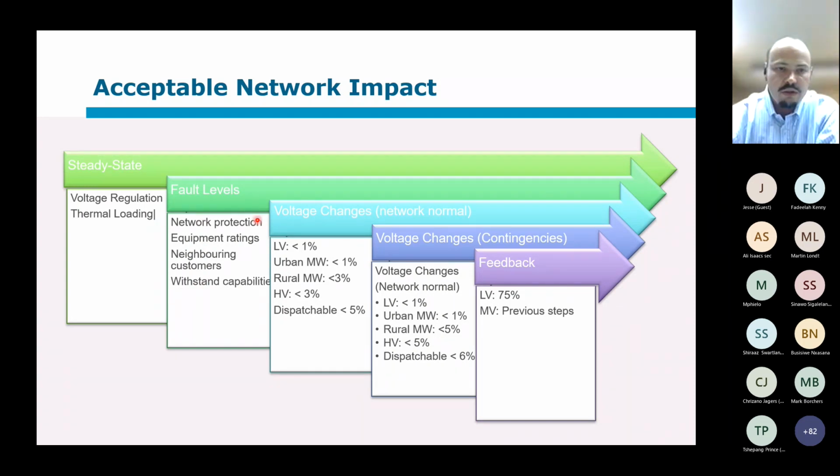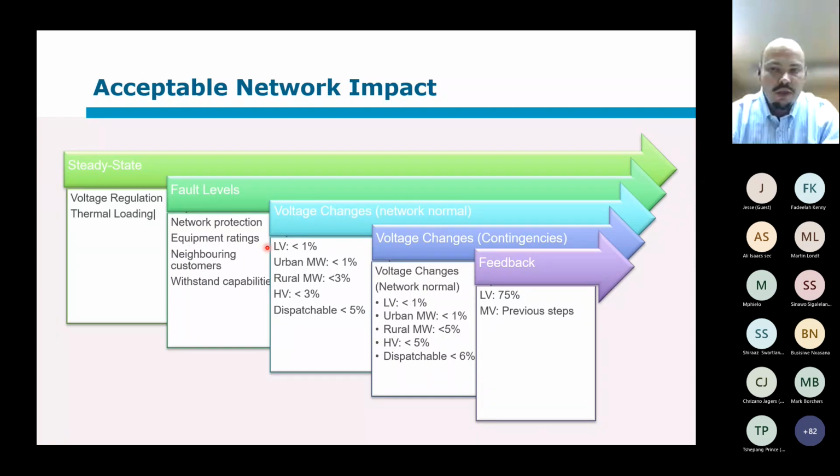Okay, then voltage changes. And this is some place where there's usually a very big debate. But this gives you ultimately an indication of the strength of the network relative to the customer that connects. And what is the potential impact of this generator on your network? So based on international documents and guidelines, we say at low voltage, for each generator, you don't want more than 1% voltage change.